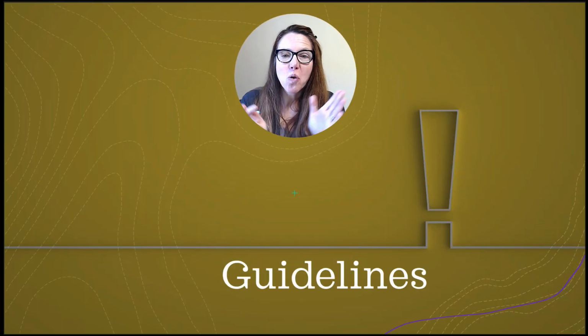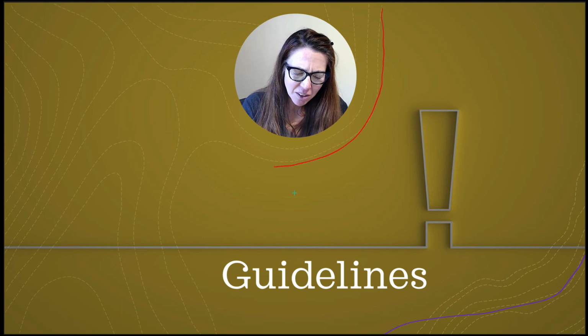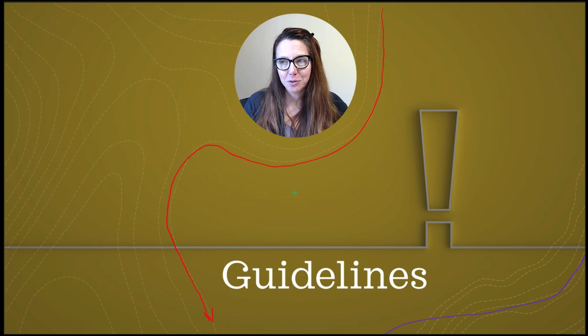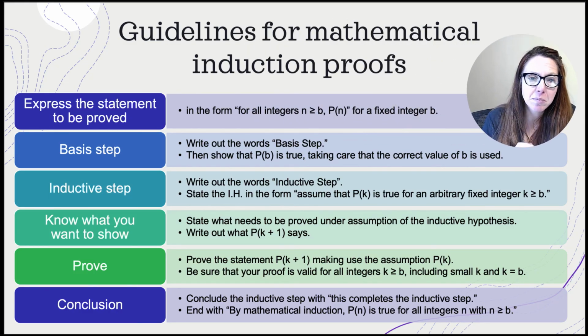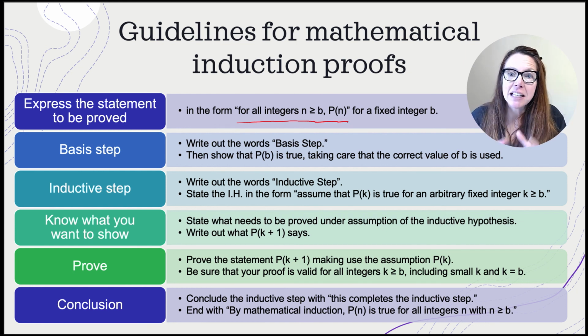So that's it. What are the guidelines that we want to follow so that we can successfully reach the end of an induction proof? First of all, we have to be able to express the statement that we wish to prove clearly. And this will be in the form something like, for all integers n greater than or equal to b, some predicate based on n holds.